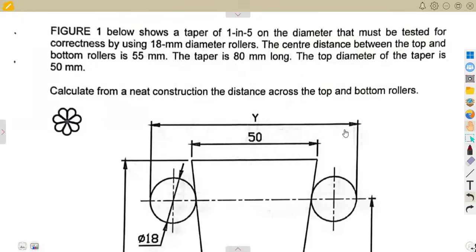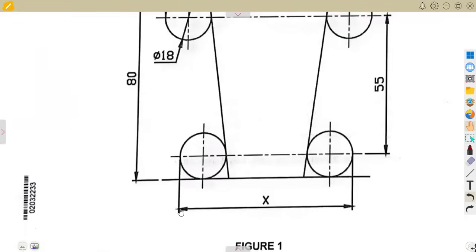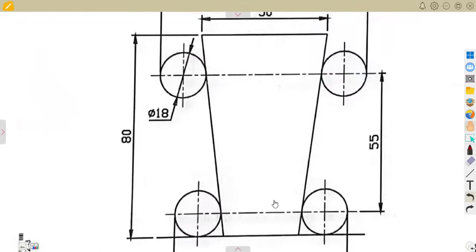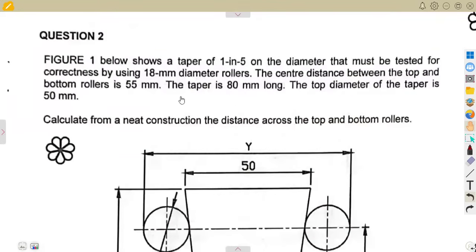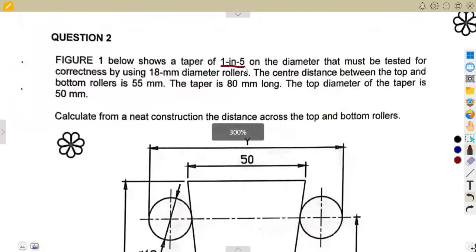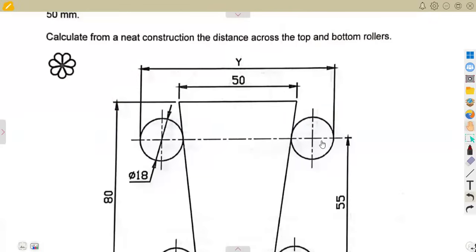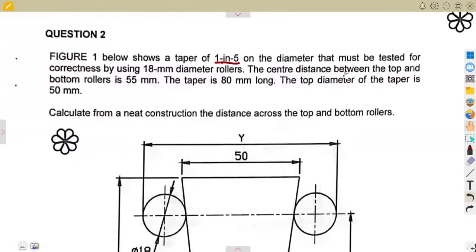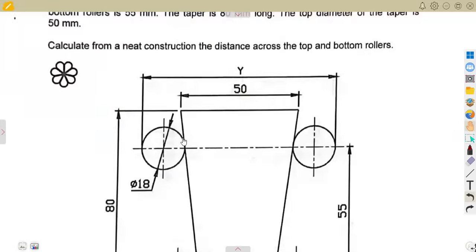We've got the distance on top, which is Y, and the bottom, which is X. Figure 1 below shows a taper of 1 in 5, which must be tested for correctness by using 18 mm diameter rollers. The center distance between the top and the bottom is 55 millimeters.